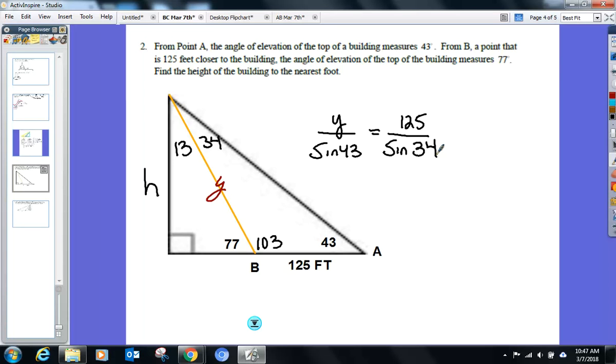And divide that by the sine of 34. And I'm getting about 152.45.